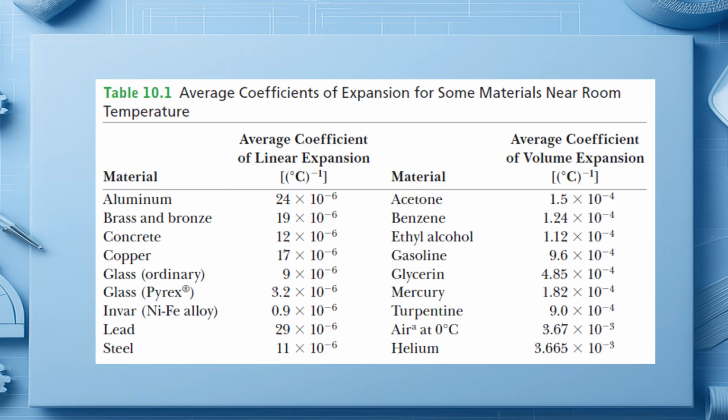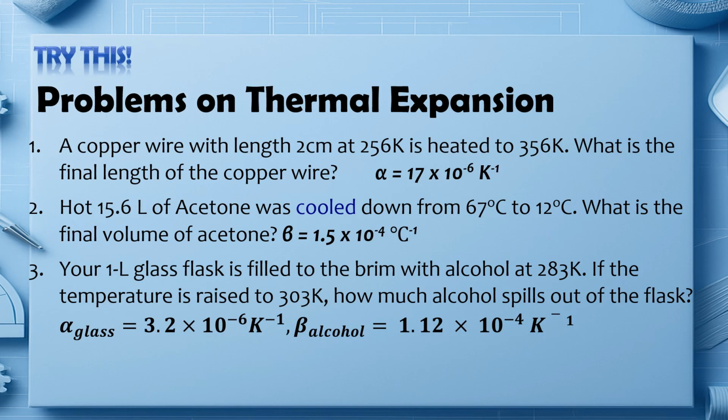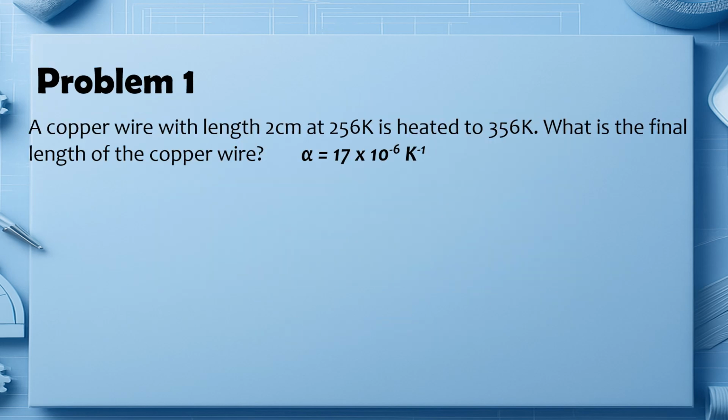These are the average coefficients of expansion for some materials near room temperature. Again, you can also find this on the internet. We have here some problems to try on thermal expansion. We did not include the areal thermal expansion in this lecture. So here are the solutions.